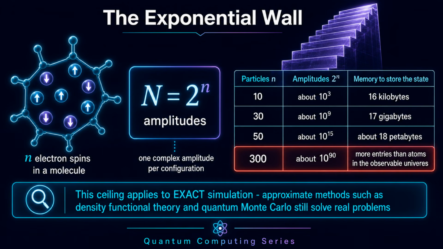The state needs one complex amplitude for every configuration, so the count is 2 to the power n. 10 particles need 16 kilobytes, 30 need 17 gigabytes, 50 need about 18 petabytes, and 300 need more entries than there are atoms in the observable universe. Note the wording carefully. This ceiling applies to exact simulation, not to approximate methods.